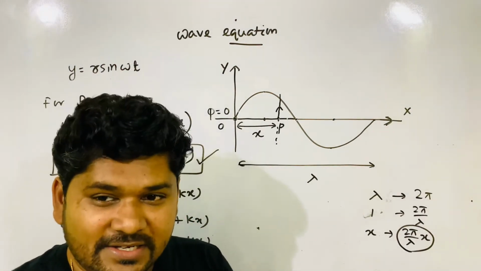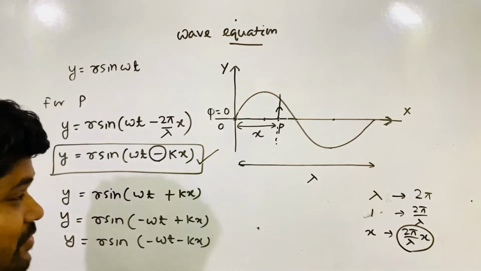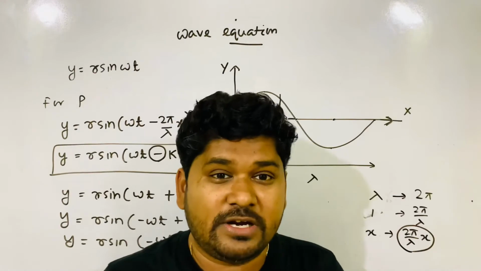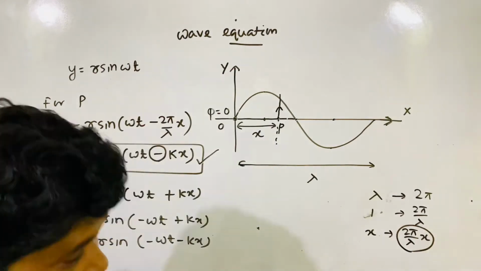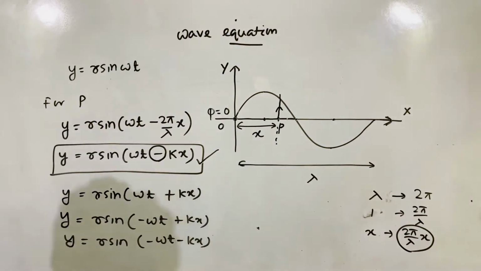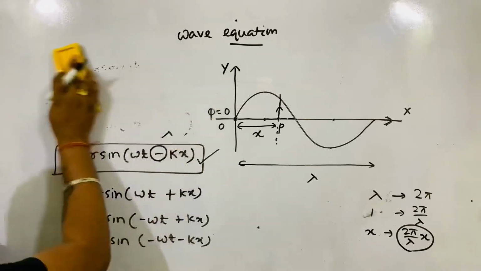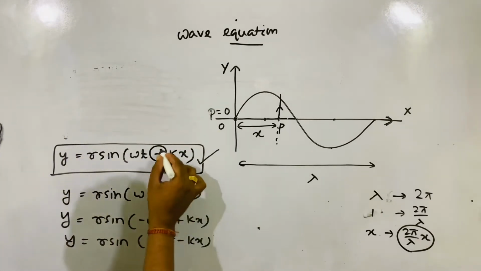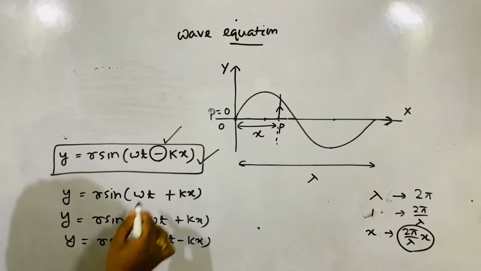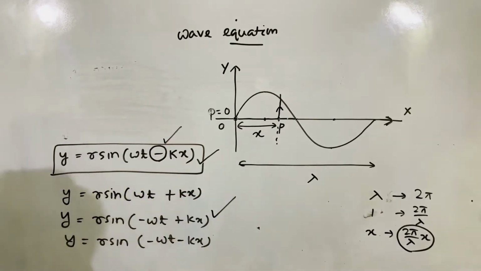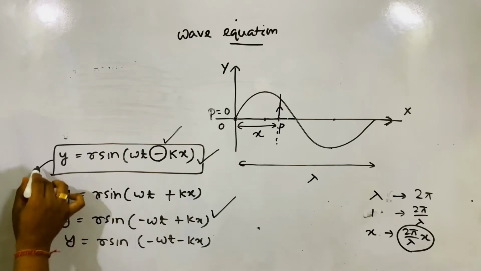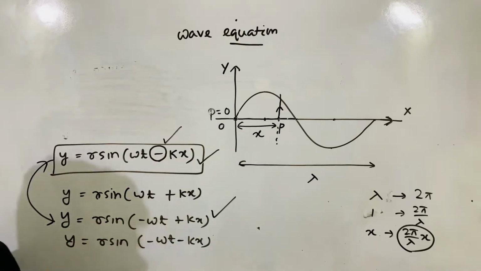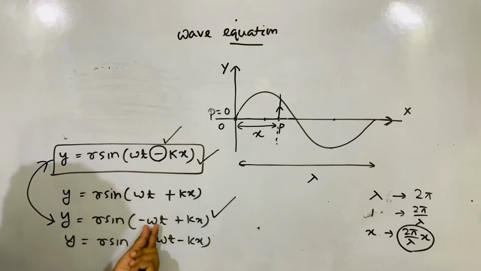Got it? So remember, if the question comes in the exam, remember this concept, in which direction the wave propagates. One thing is very important here. If you find either minus here or minus here, minus kx or minus omega t, you can also convert it to this form.